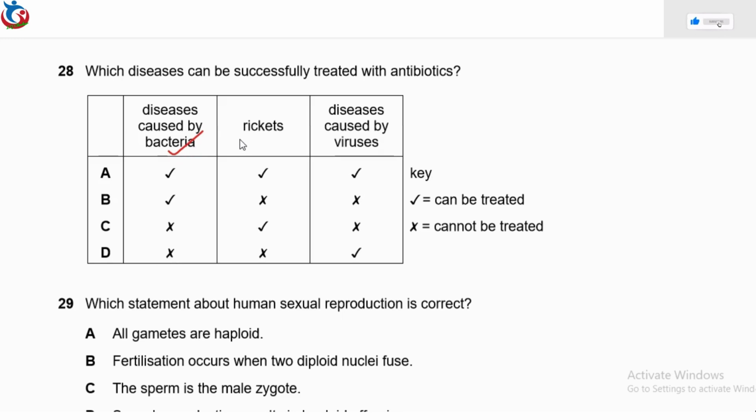Rickets is a result of lack of vitamin D, and the other is a viral disease. Antibiotics are not used for this and are not used for this. So following this premise, the only correct option here is option B, a bacterial disease, not rickets and not viruses.